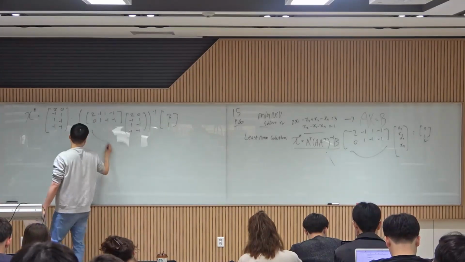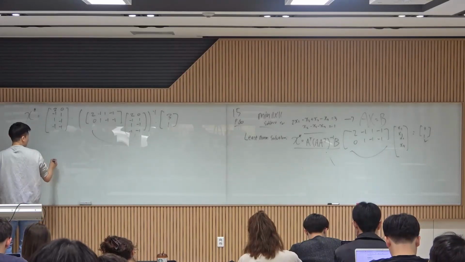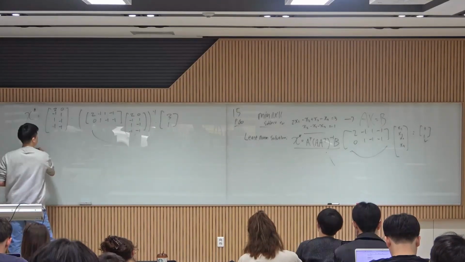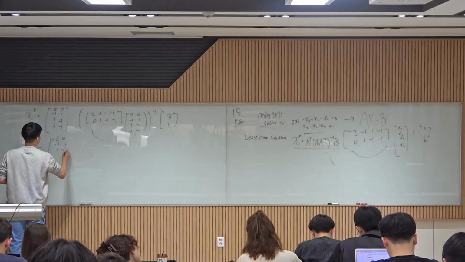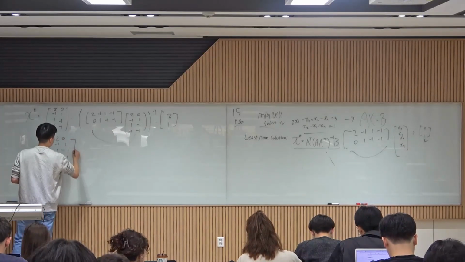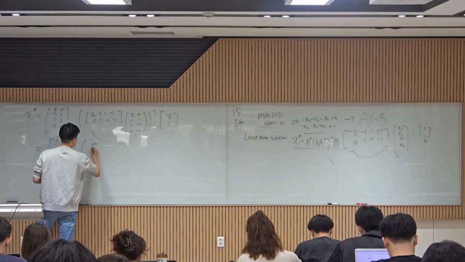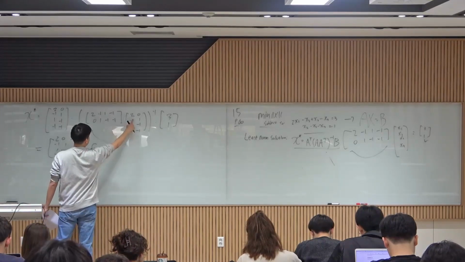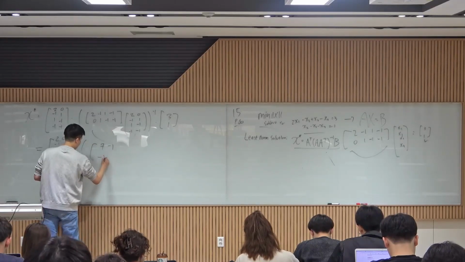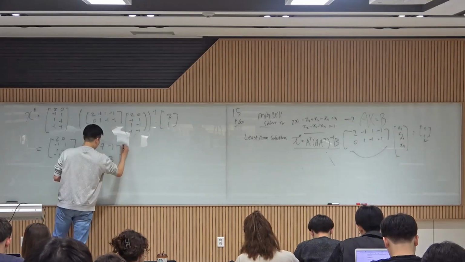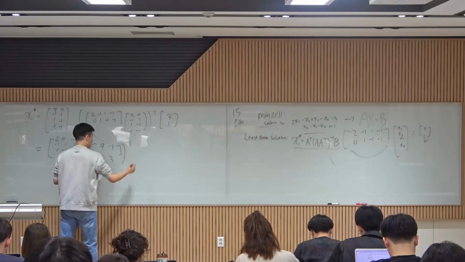So let's find this first, okay? And this can be written as 2, 0, -1, 1, -1. The matrix in the middle goes into 7, -1, -1, 3, inverse.